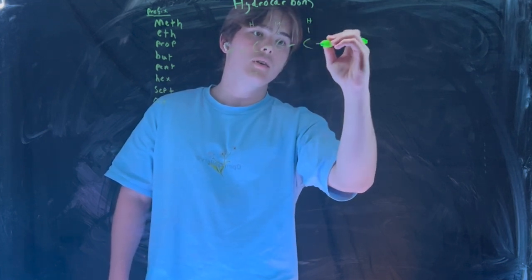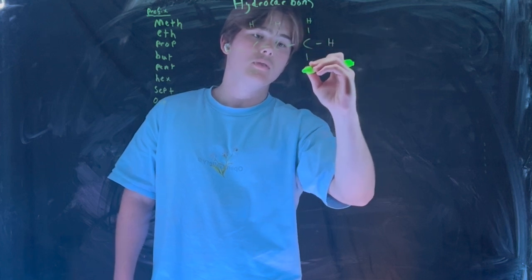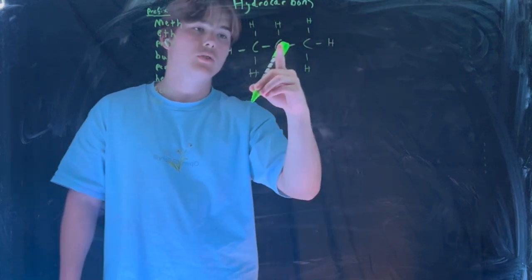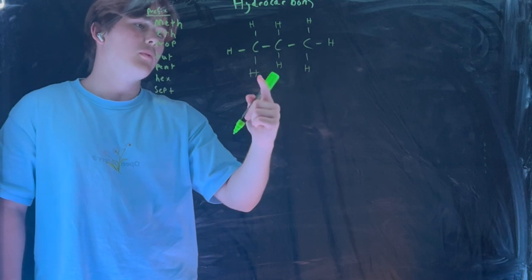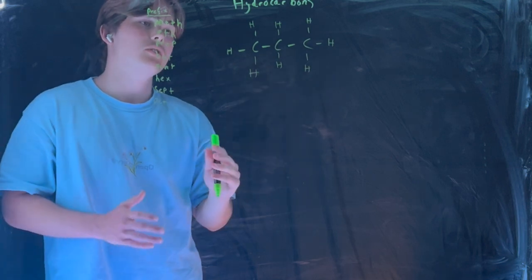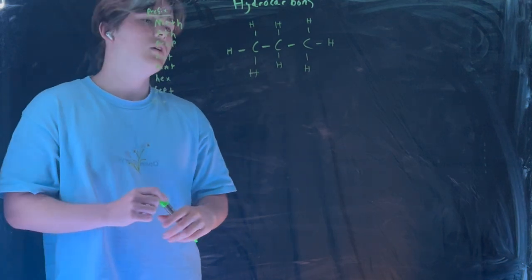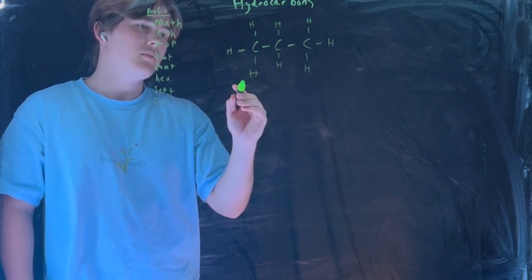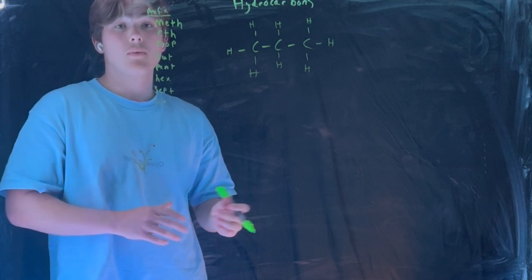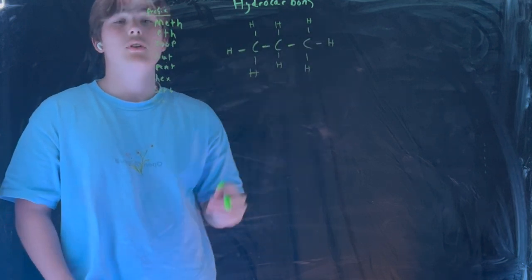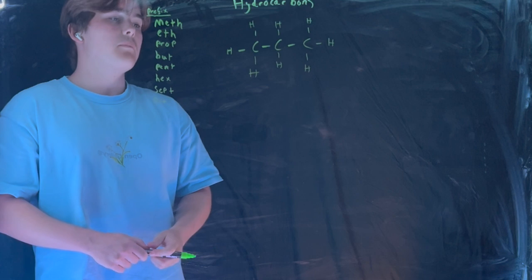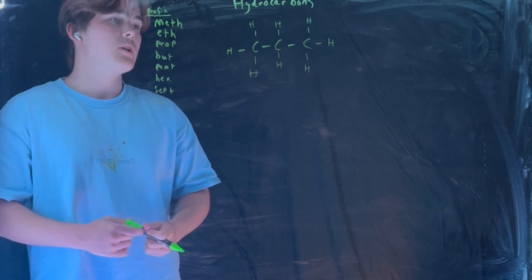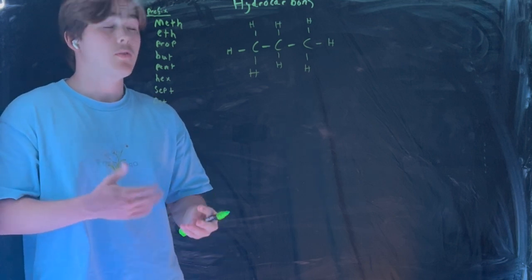But as you can see, I have 3 carbons, 1, 2, 3, and they are all connected to hydrogen atoms. So hydrogens and carbon, that is the only bonding that is occurring, which makes it a hydrocarbon.